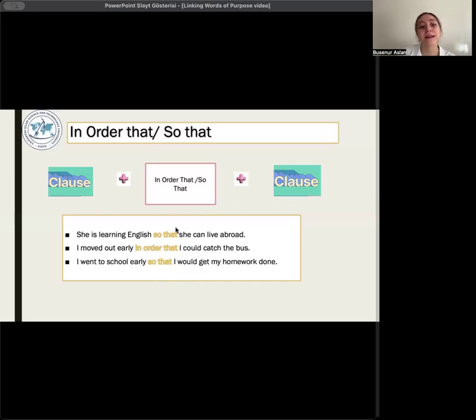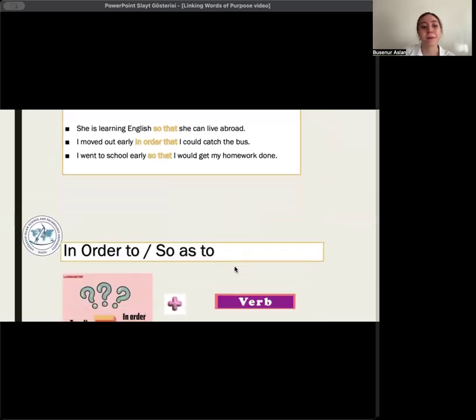Notice that after using so that, in order that, I use modal verbs, they are suitable for working together: so that she can leave, in order that I could catch, so that I would get my homework done.